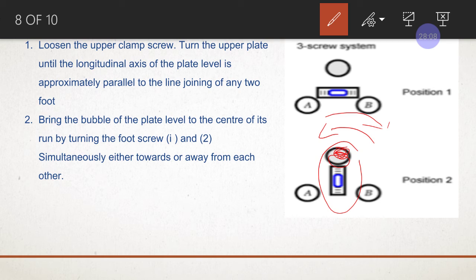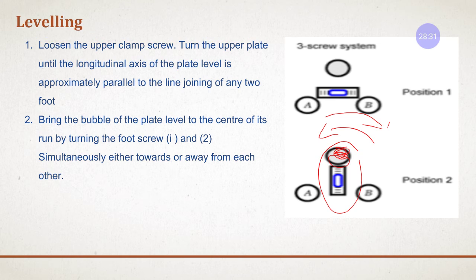By rotating the theodolite, we will come to know whether the tube is at the center. If it is at the center, then your leveling is done. If not, repeat the procedure from step 2 again till you get the theodolite leveled, right?